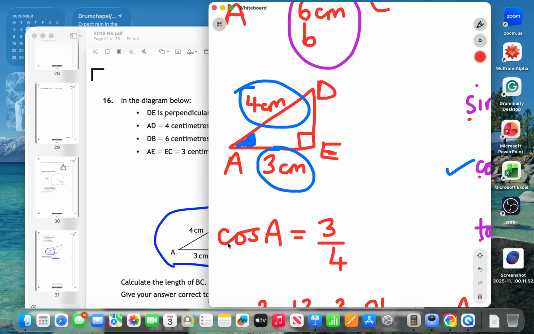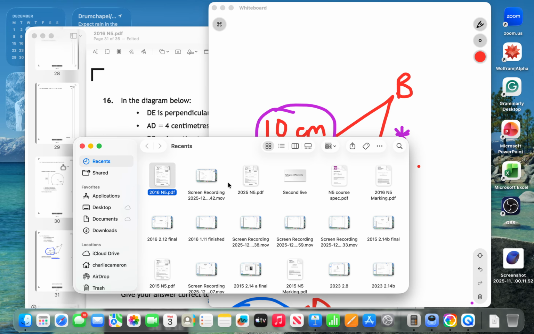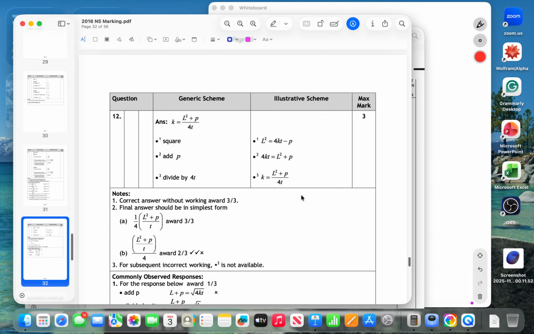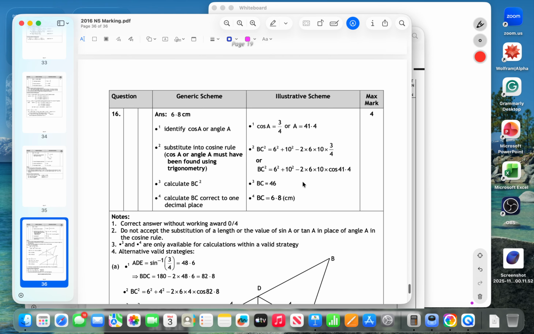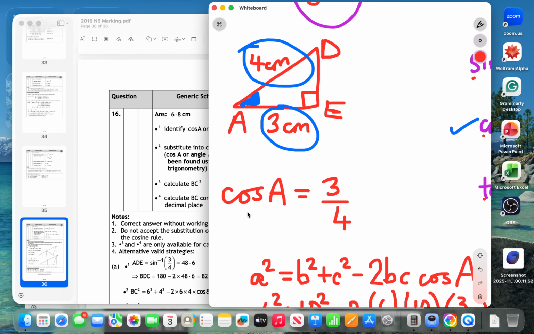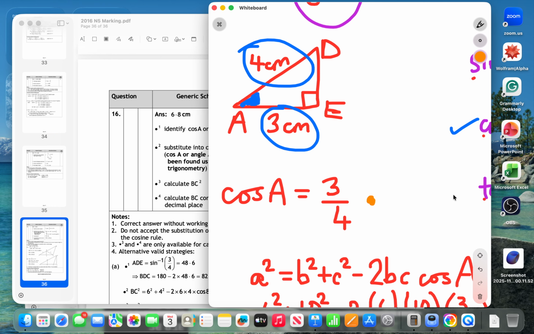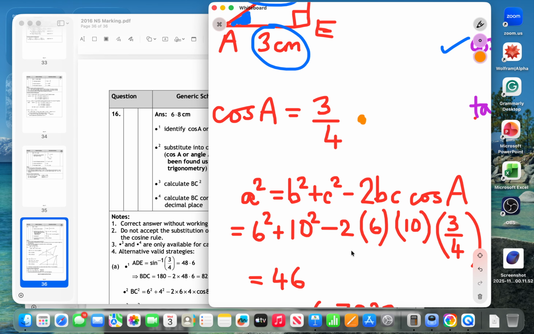We can have a look at how the SQA mark this question. The first mark would be for finding this, so that is 1 mark. Your second mark is for substituting into the cosine rule.